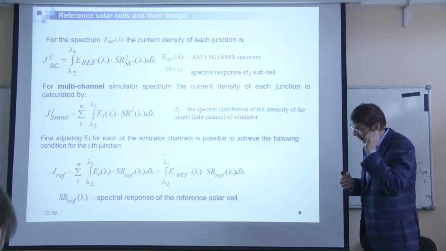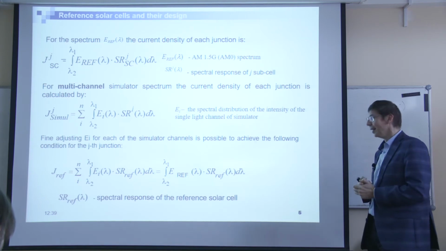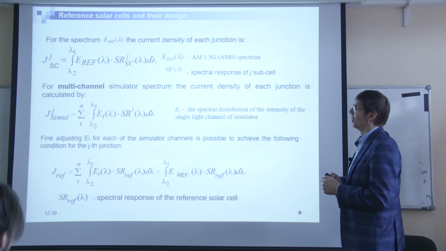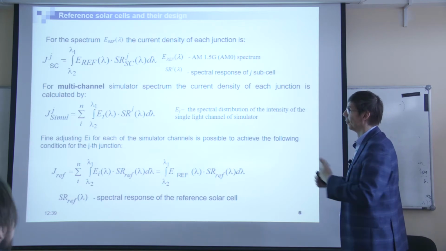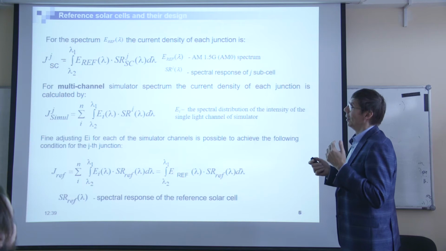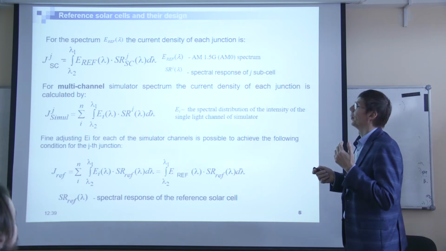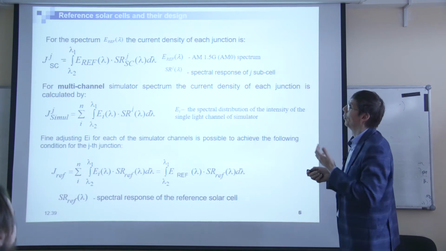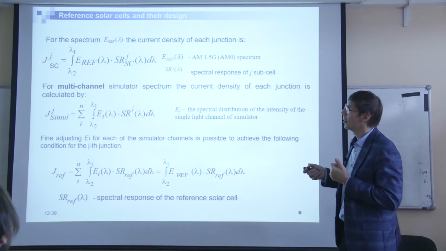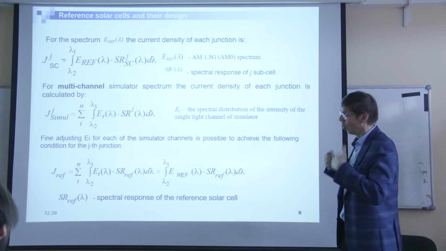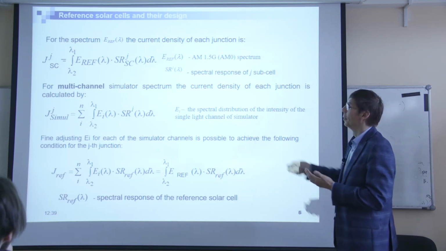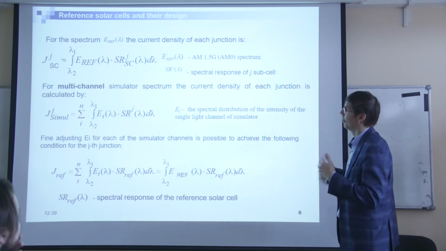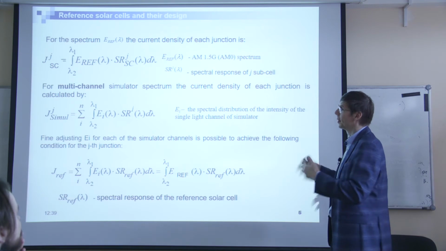Some formulas, just to be more formal. If we want to define the spectrum of a solar cell for a multi-junction solar cell, you have a G number, it's not a number, it's the index of the junction.